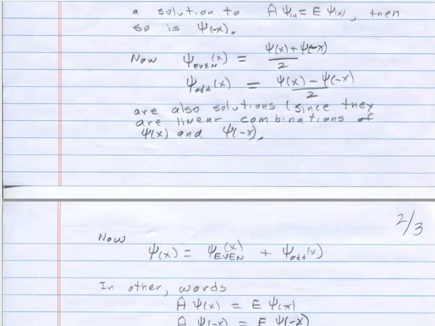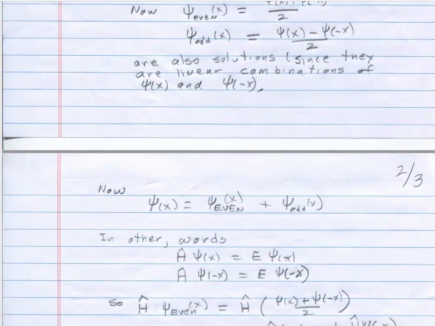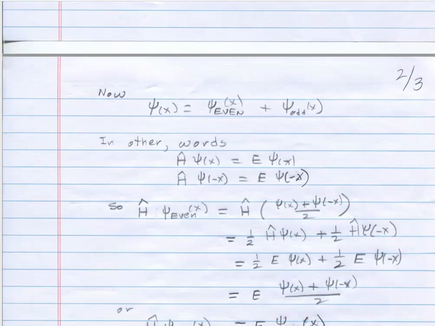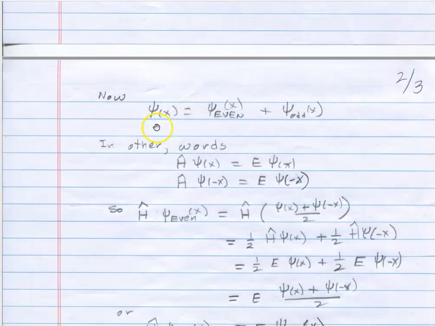Now, to really emphasize some of this, let's take a look at what this implies. I can write psi of x as its even and odd parts. Well, any function can be written in terms of its even and odd parts. That was the theorem we proved in the last video. But here, since V of x is an even function, both psi of x and psi of minus x are solutions to the Schrodinger equation.